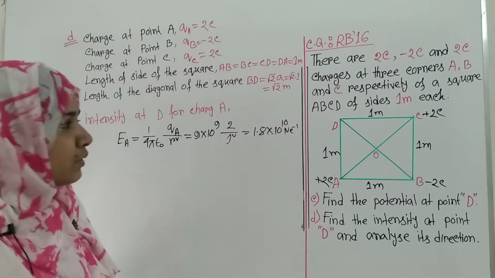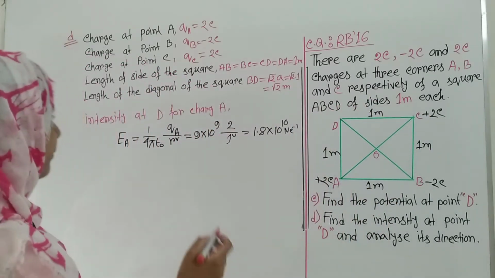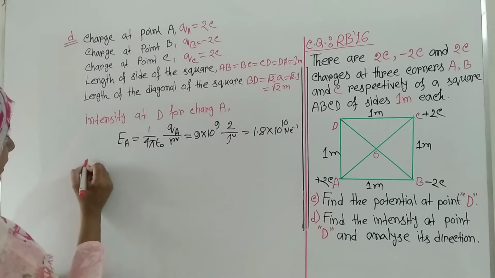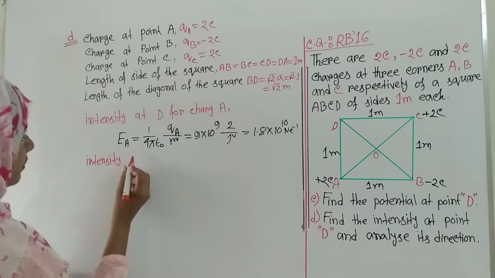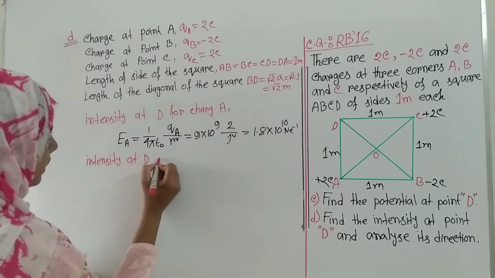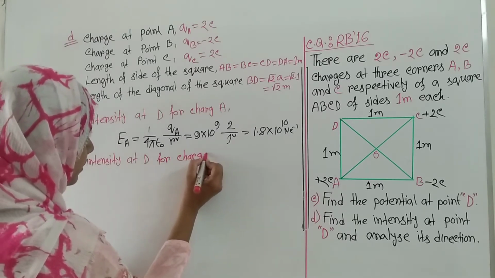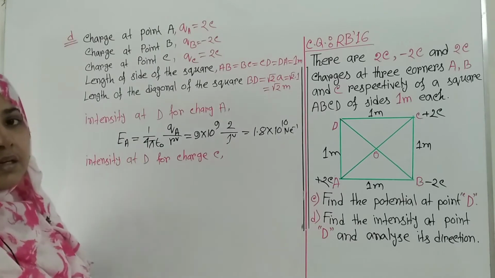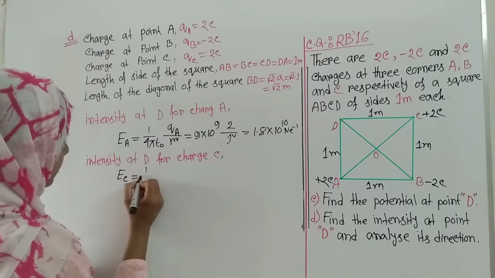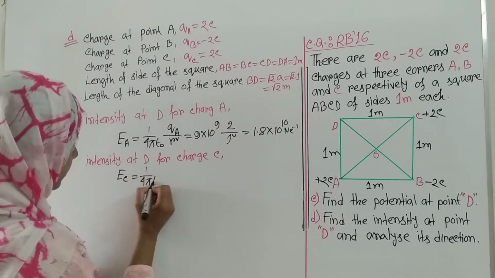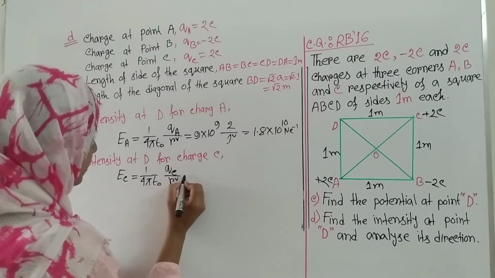Okay. Now, the intensity for C at point D. Intensity at D for charge C, that is EC, equals QC divided by R square.